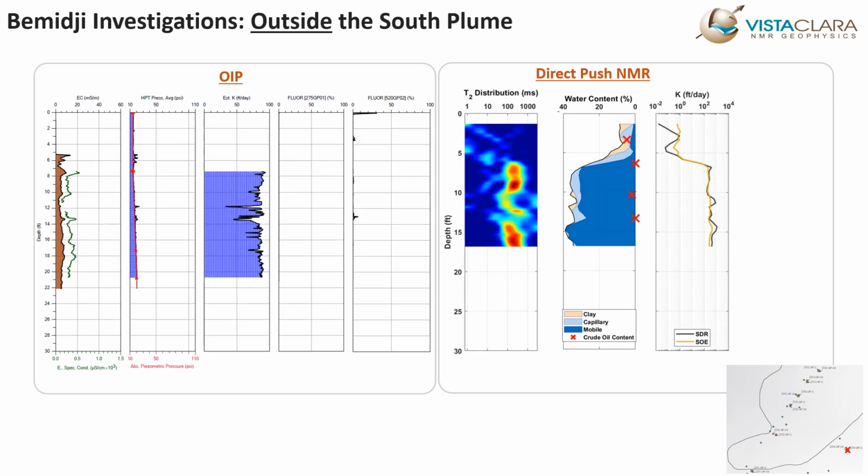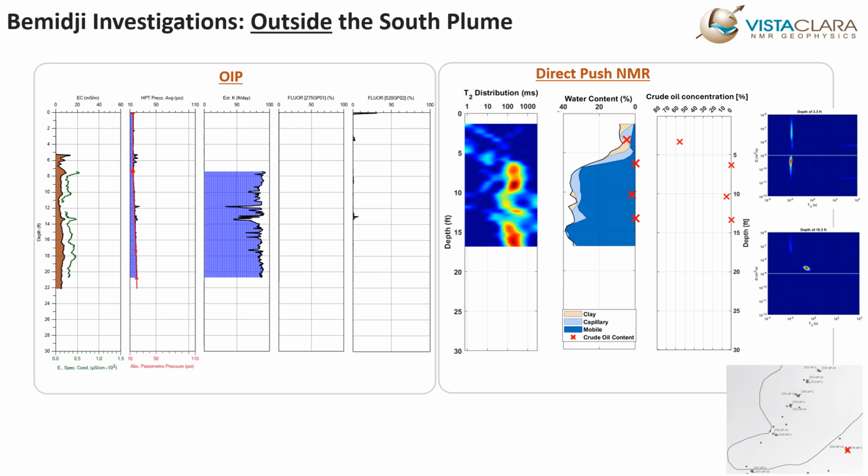And here's an example of the data we collected outside of the SOUGH plume. So the location is selected here as a red cross, and OAP couldn't detect any signal from the NAPL, from the hydrocarbons. And actually diffusion NMR could detect some crude oil around 3 feet.